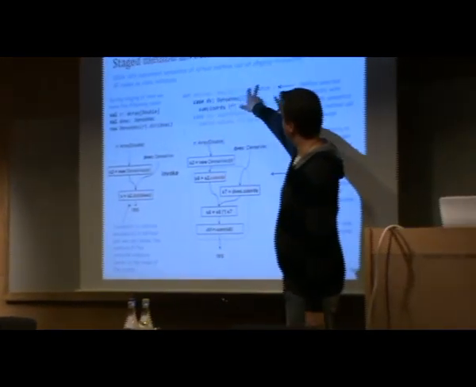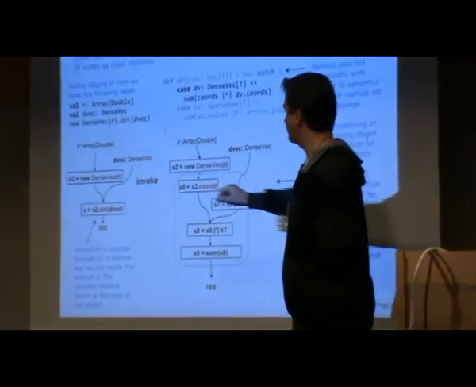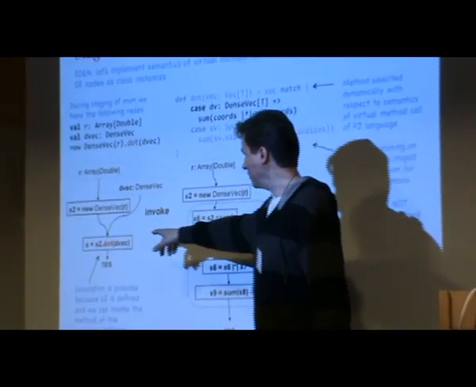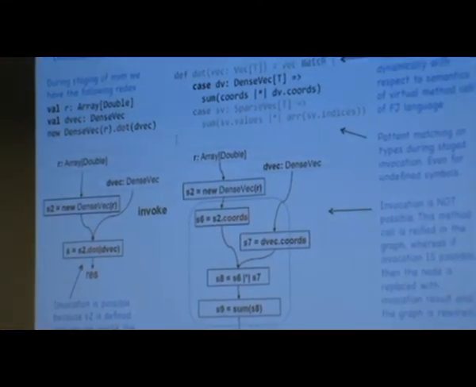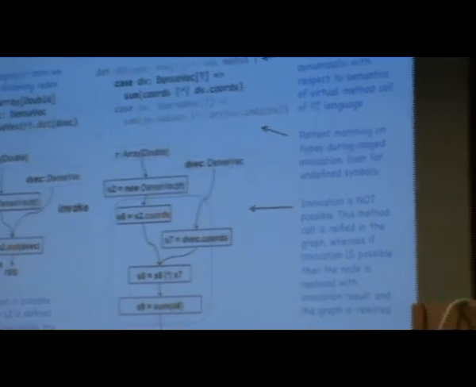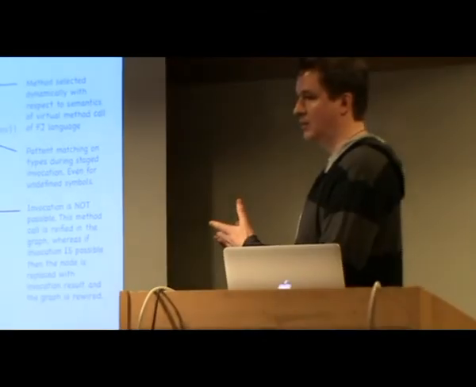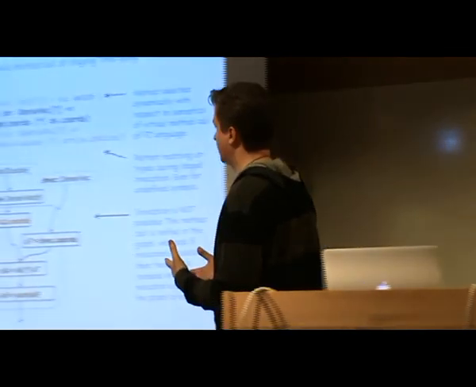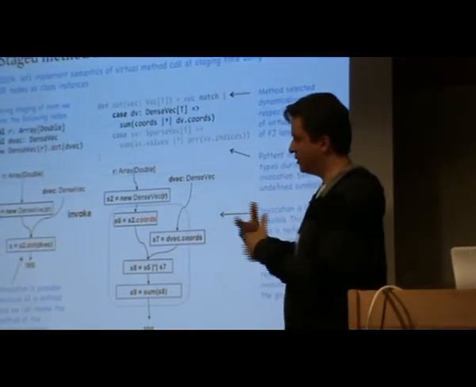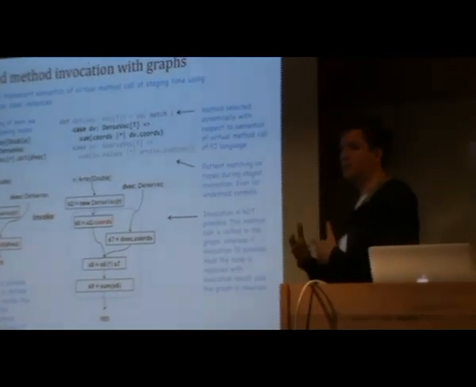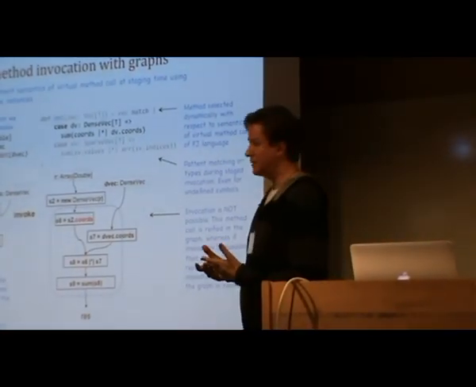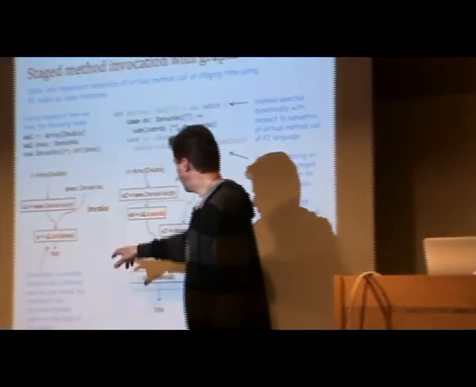So the original idea was, let's take this as a first step. What if we can call the methods of the nodes of the intermediate representation? And because we have this dynamic method call using virtualization, when we do it at staging time, we are really virtualizing the building of the graphs. So this was the idea.